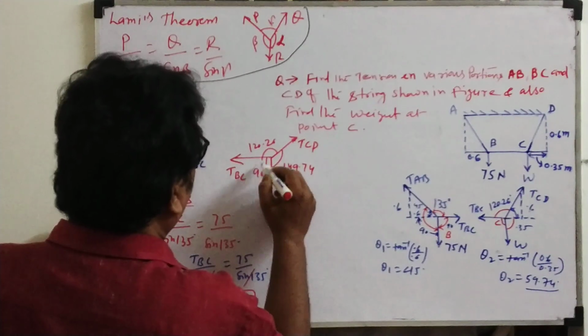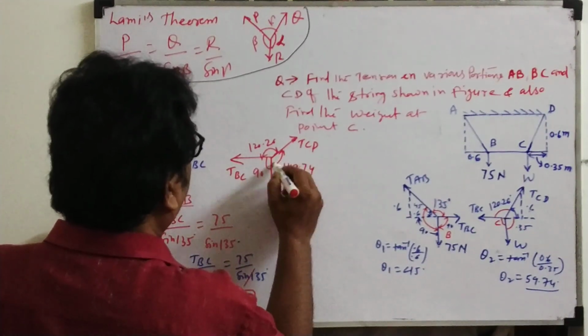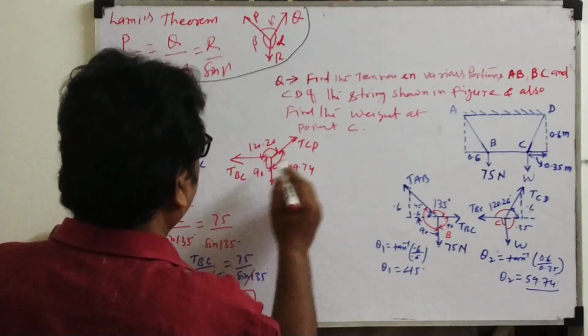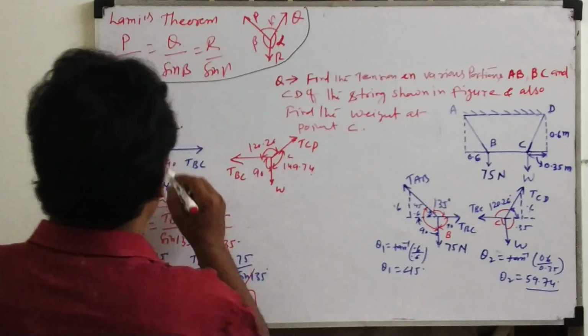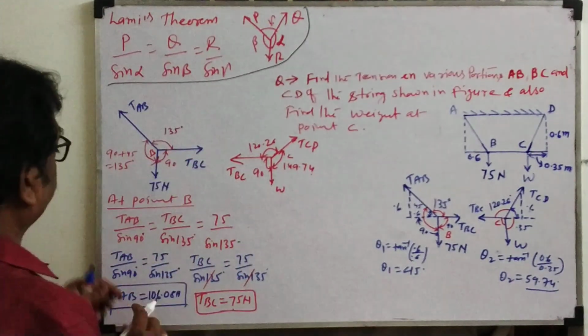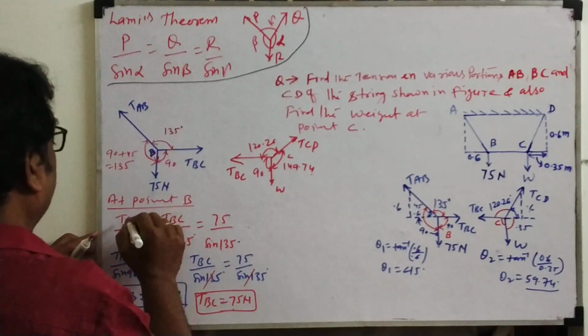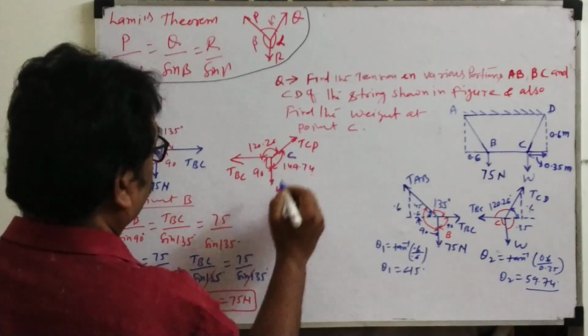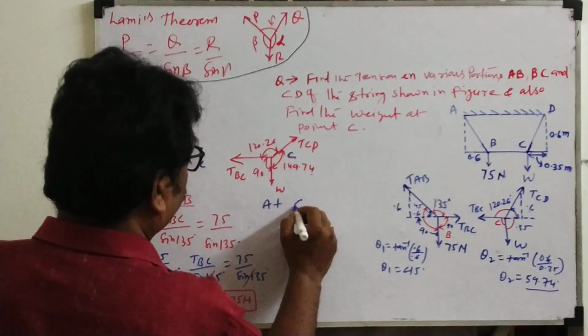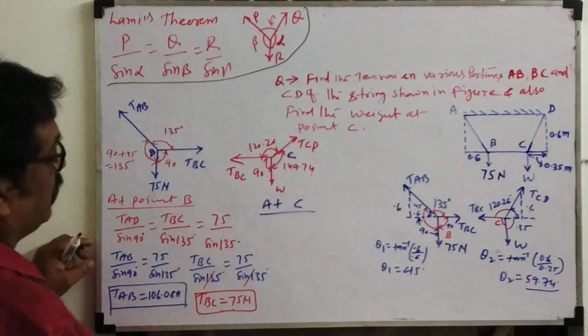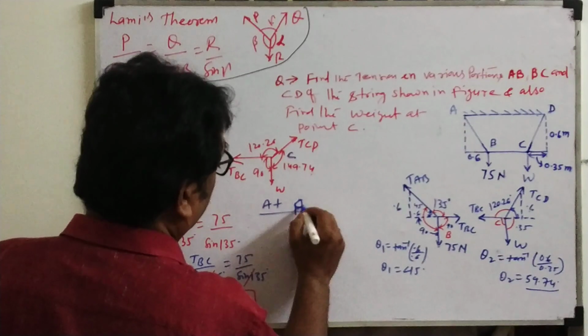This will be 90 degrees. So apply Lami's theorem at point C. At point B we applied Lami's theorem, here at C.